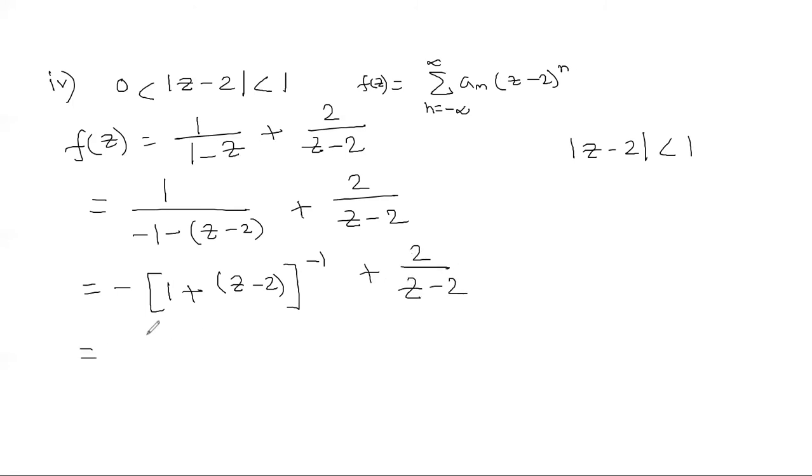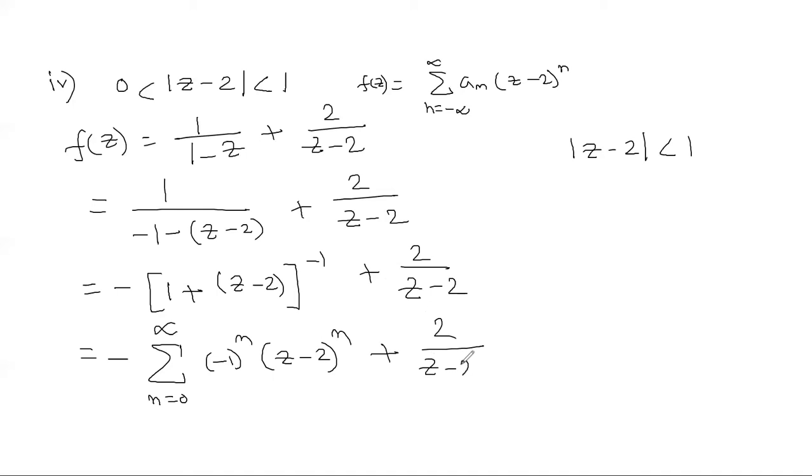It is expanded as n equal to 0 to infinity minus 1 power n (z minus 2) power n plus 2 by z minus 2. Okay, so this is the expansion we are getting.